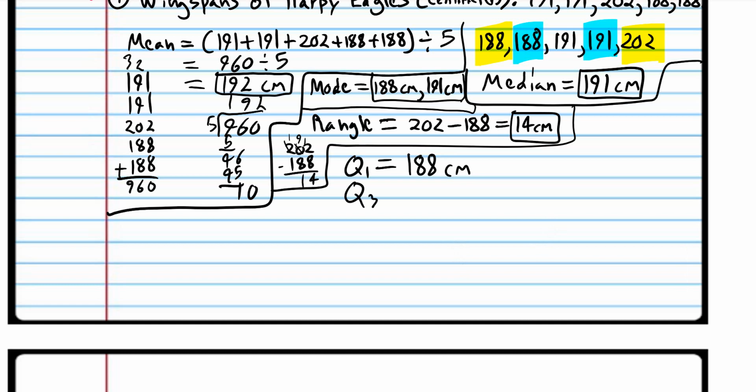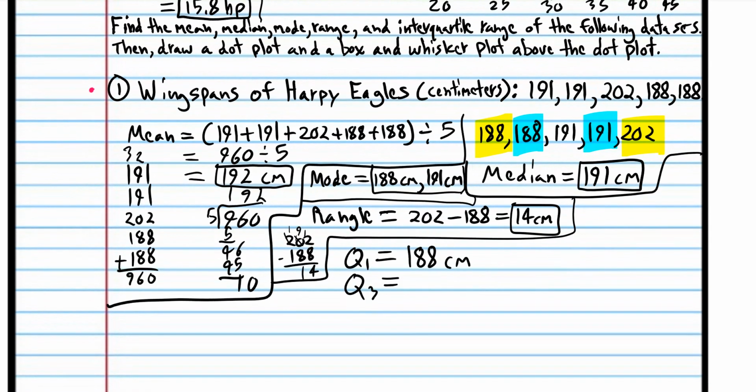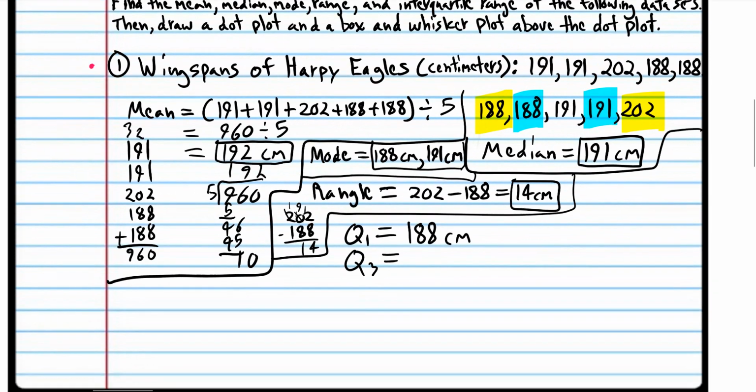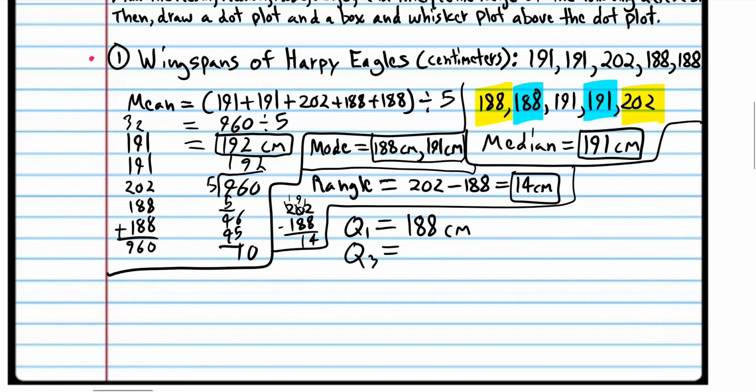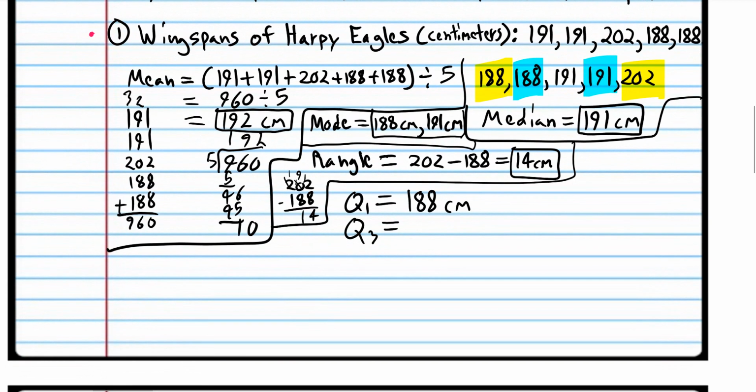And Q3, now I'm not going to rectangle that answer because the instructions don't tell us to find Q1 and Q3. It just tells us to find the interquartile range. So we're just going to find Q1 and Q3 to help us find the interquartile range. So the third quartile is the median of the second half of the data. So that's the middle numbers, but again, there are no middle numbers, so we have to find the mean of those two numbers.